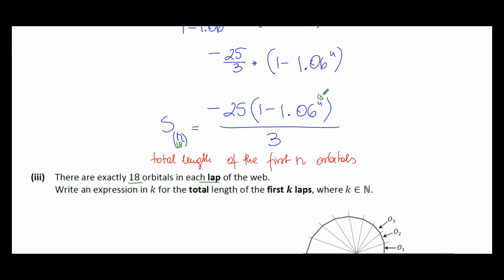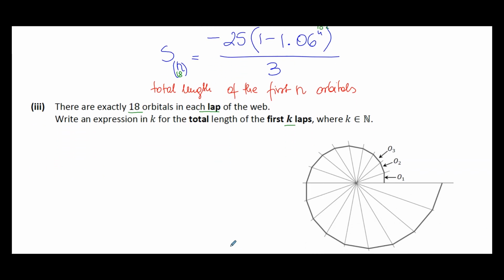What about if I had 2 laps? Well, that means I will multiply that 18 by 2. What about if I had 3 of them? Then I'm going to multiply that 18 by 3. So following that logic, how many laps do I have? k. Well, that means that 18 will be multiplied by k. So the solution here is 18k.